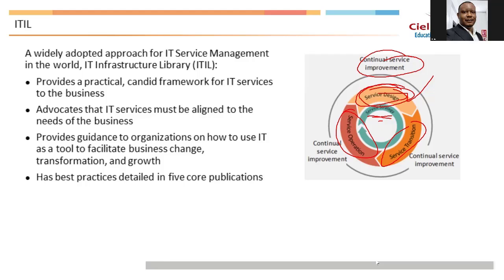So in essence, service operation, from the word operation, is where we constantly ensure availability of our service and make sure that the operation is ongoing, continuous, as well as constantly available. And that's basically where service operation comes in. In all of this, you should ensure what we now call the CSI, continual service improvement, meaning across all of these phases of your IT service management life cycle, you should always be asking yourself, how can we do better? Or how can we improve on our IT service delivery?